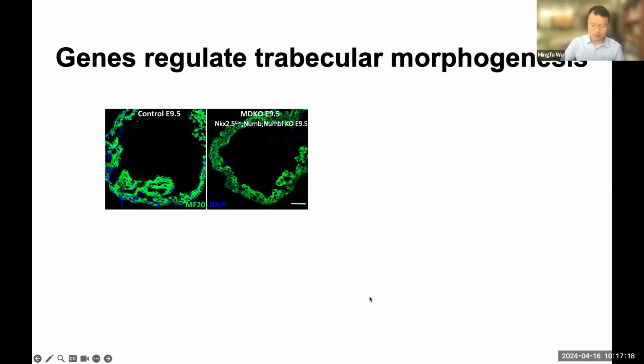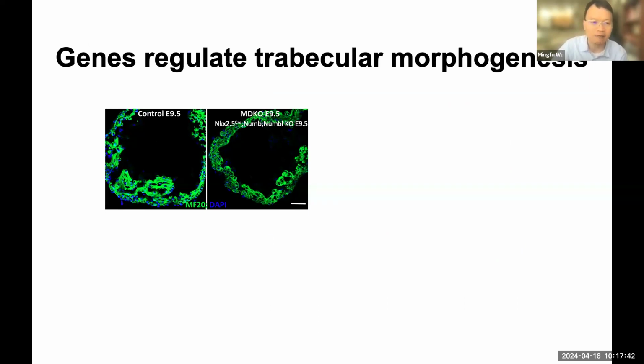Okay, so I want to tell you that multiple genes and multiple pathways are involved in the regulation of trabecular formation and trabecular morphogenesis. As I told you earlier, signal interactions between the endocardium and the myocardium, such as NOTCH1, angiopoietin, and neuregulin, all regulate trabecular formation.